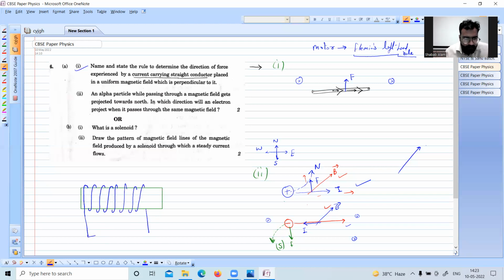And if we connect this through a key with a battery, then we find the current is flowing in the circular loops of the solenoid.